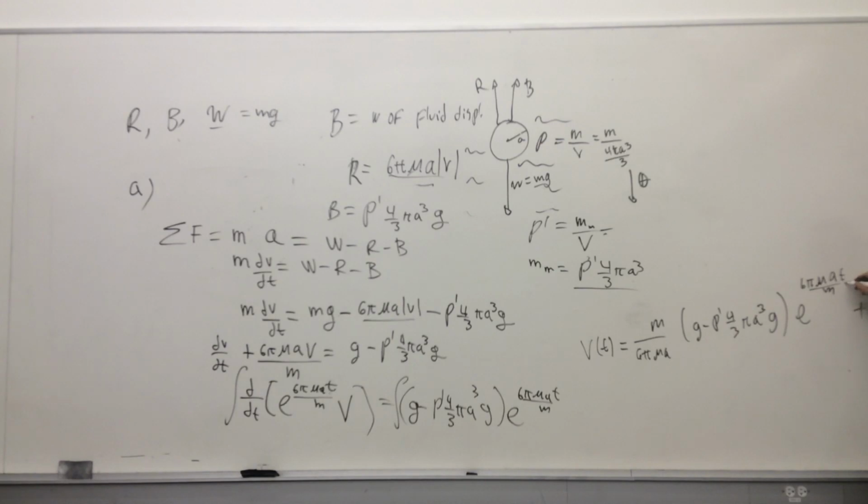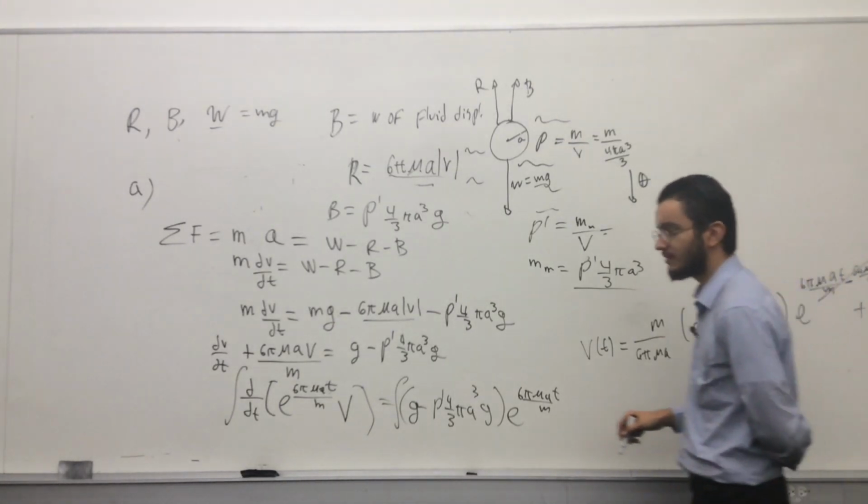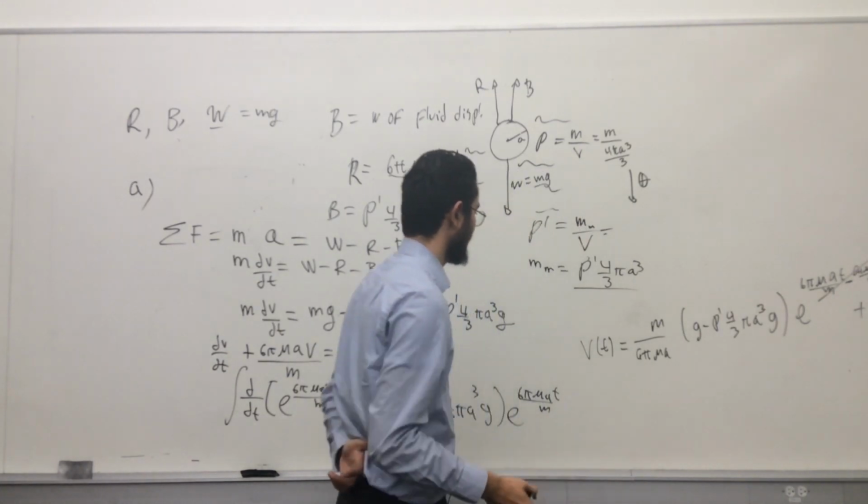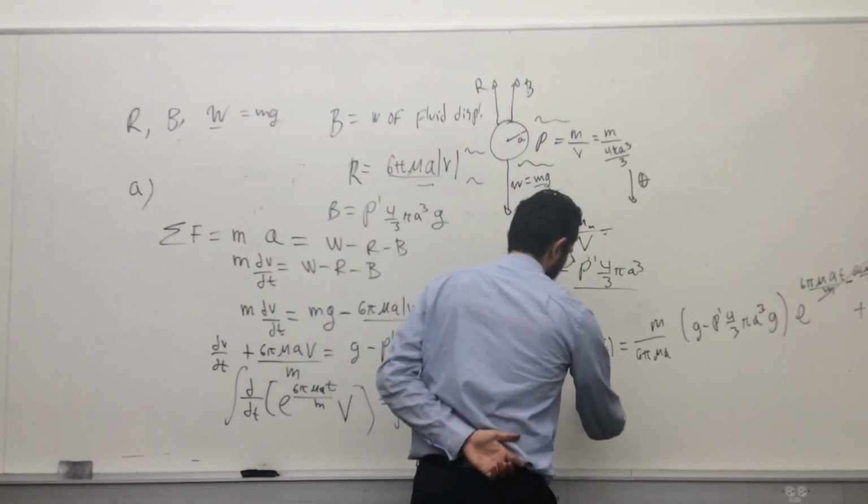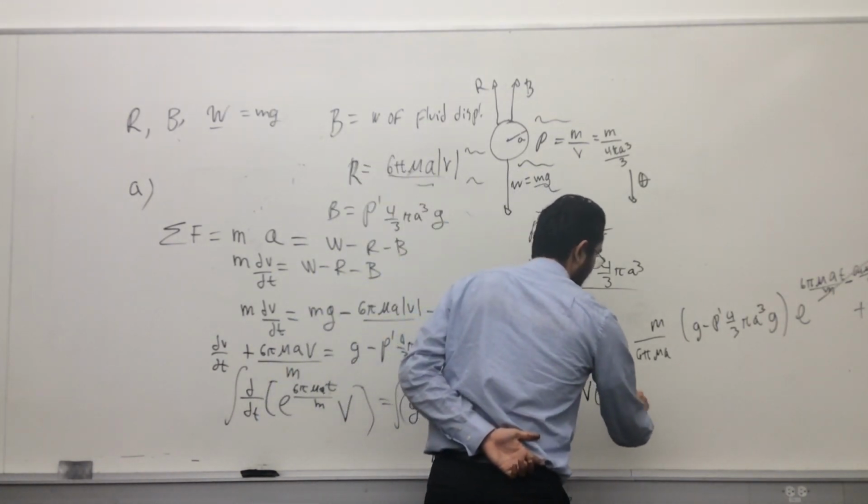And of course here we're going to subtract the same thing, 6 pi mu a t over m, c times e to the power of negative 6 pi mu a t over m. This cancels out. So that means that our velocity function v of t should be something like this.